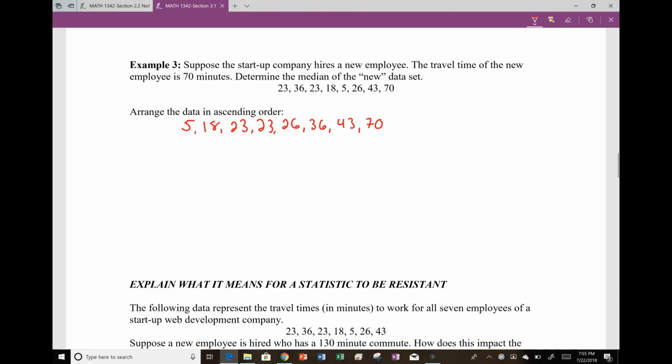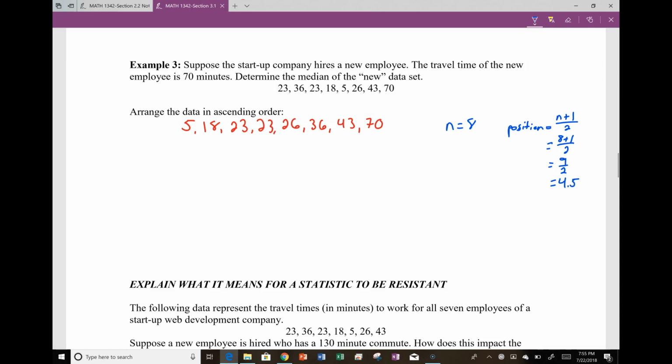When I look for the position, my n is equal to 8 now. So my position, if I look at it the same way as the other one, n plus 1 divided by 2, is 8 plus 1 divided by 2, so that's 9 divided by 2, which is 4.5. Notice it's not a whole number.